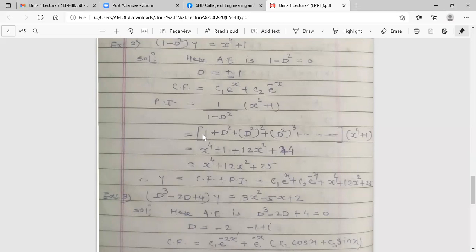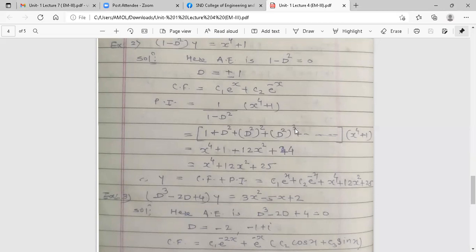It is 1 into x raised to 4 plus 1, that is x raised to 4 plus 1, plus D square of x raised to 4, the second derivative, which is 12x square, plus (D square) square, which is D raised to 4. The fourth derivative of x raised to 4 is 4 factorial, that means 24. So right here 24.